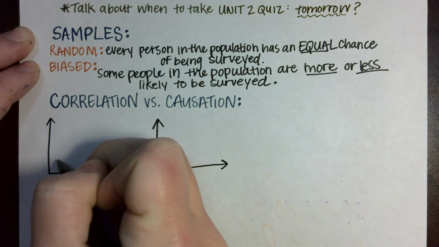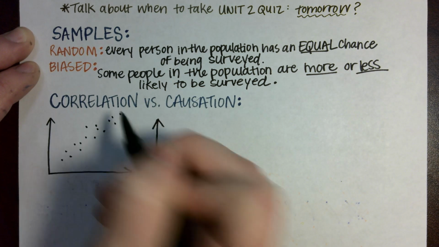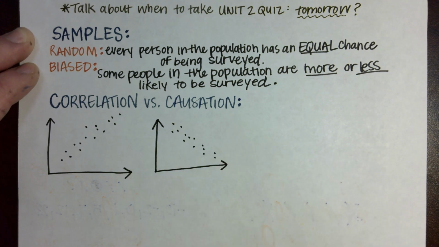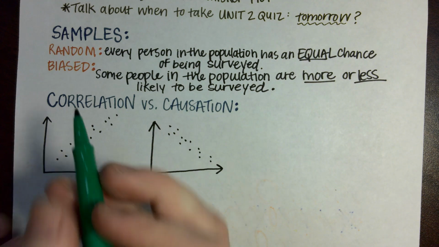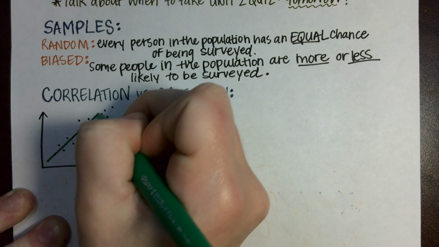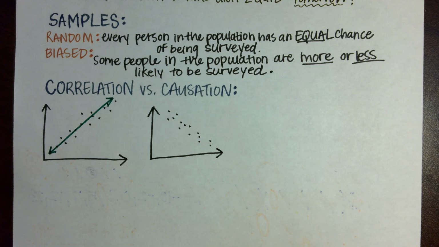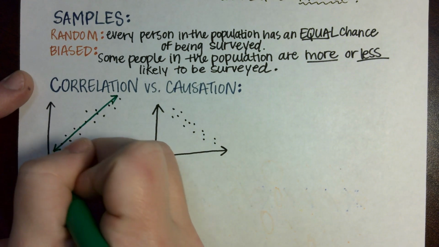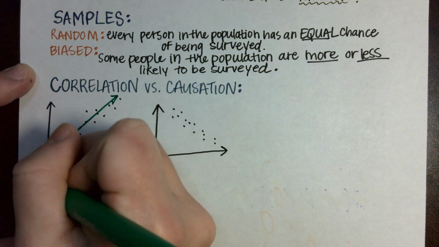Okay, so that's whenever we have a scatter plot or something. So this data that I drew first has a positive correlation. As the x value increases, the y value also increases.